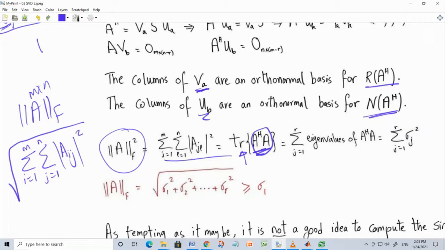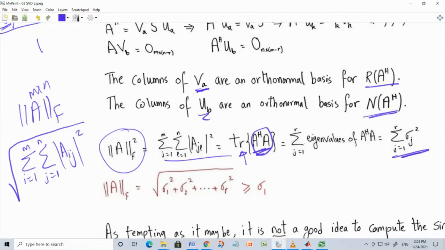So the trace of A Hermitian A is the sum of the eigenvalues of A Hermitian A. And what are those eigenvalues? They are the squares of the singular values of A. During the derivation, we started with the eigenvalues of A Hermitian A, and their positive square roots are the so-called singular values. So the trace of A Hermitian A is the sum of the squares of the singular values.